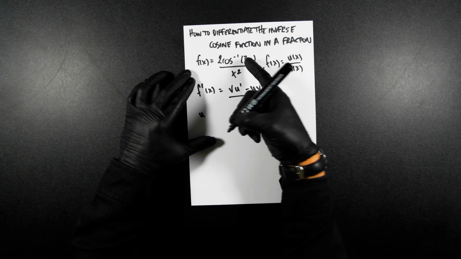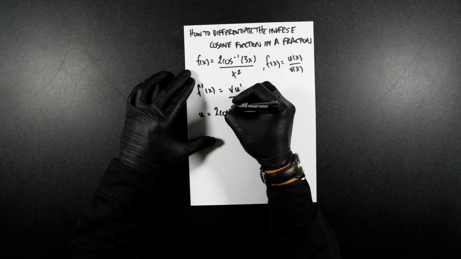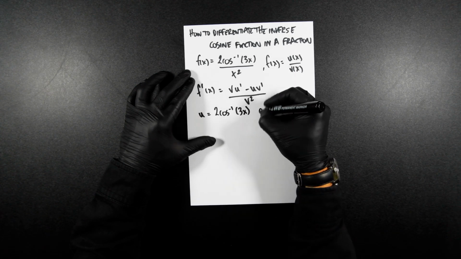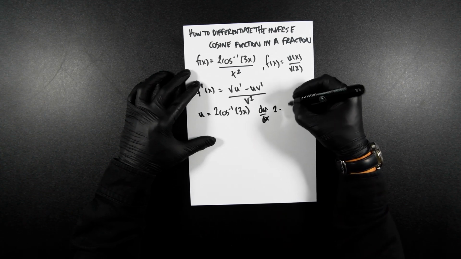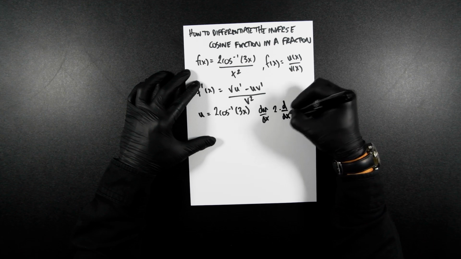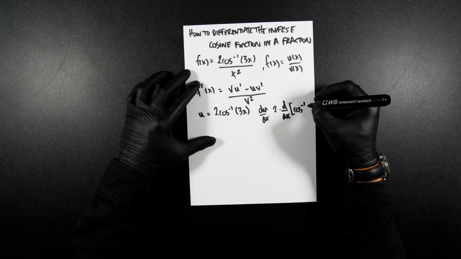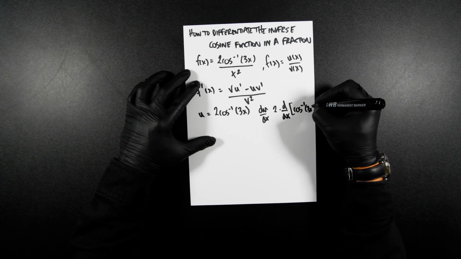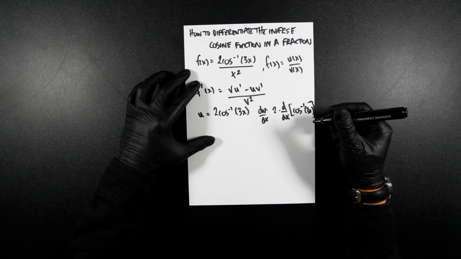So we're going to let u equal the numerator, so it's going to be 2 cos^-1(3x), and then du/dx is going to be 2 times d/dx of cos^-1(3x). Can't really fit that in, but that's just a bracket.